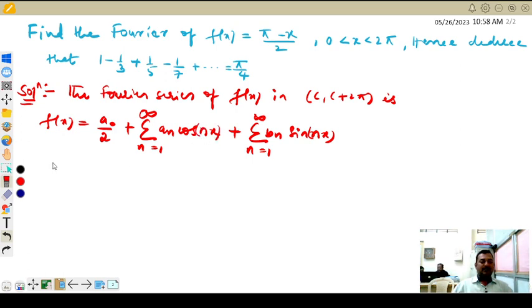The Fourier series and Fourier coefficients.